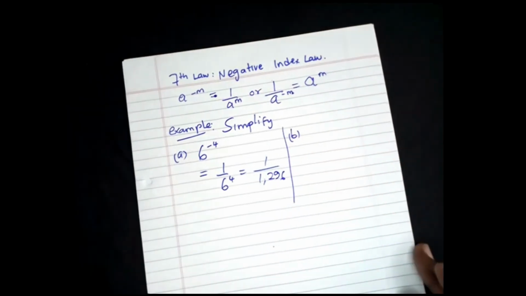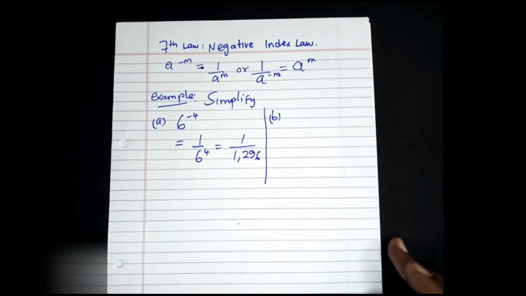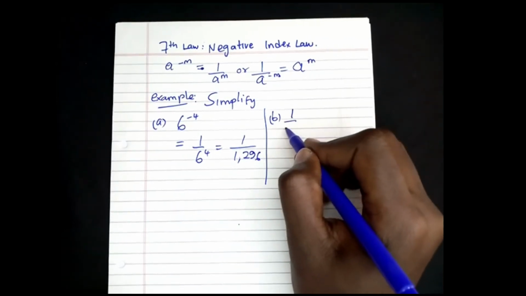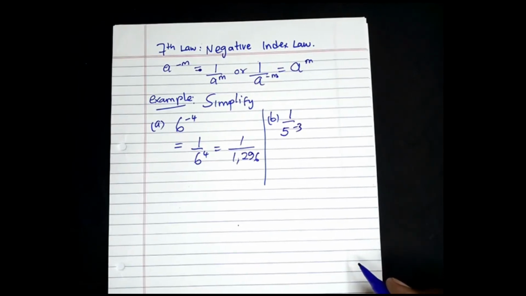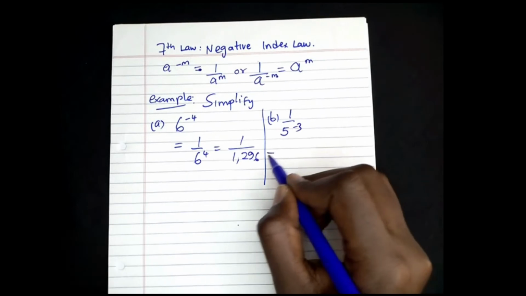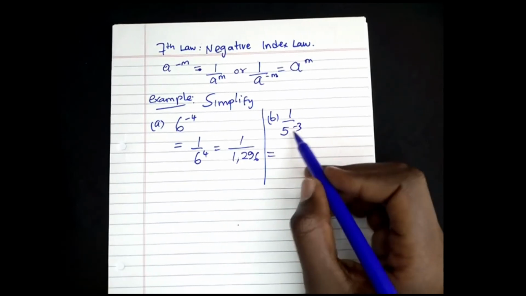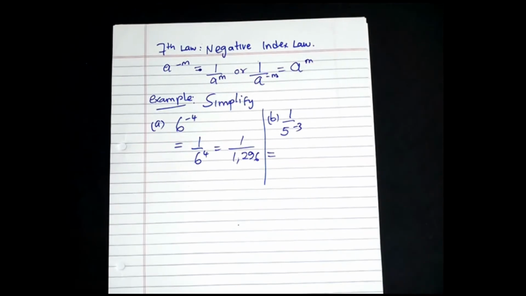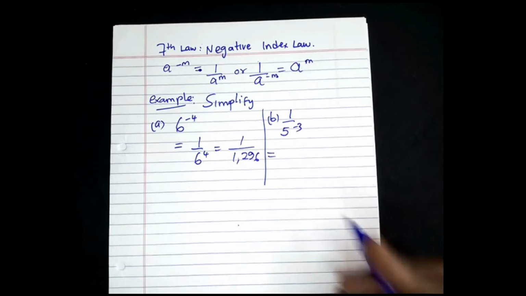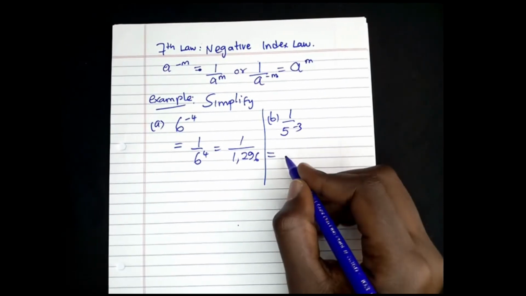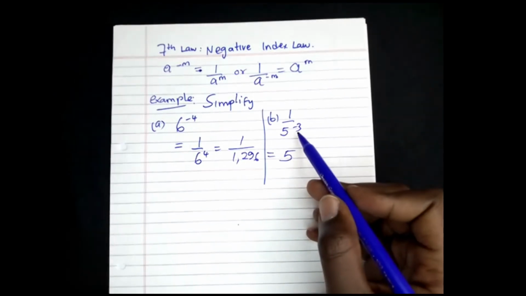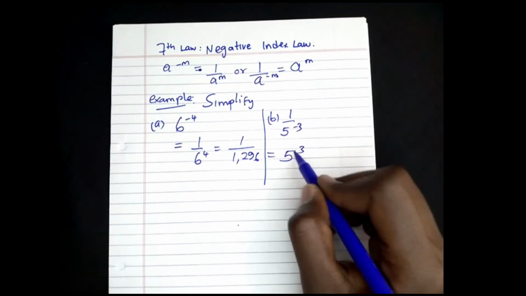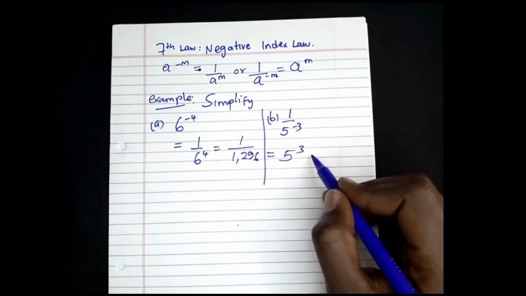Part B, if you have a fraction like 1 over 5 power negative 3, how do you go about it? This one simply becomes, if you want to rewrite this particular number as a whole number, what you will need to do is that you'll bring the 5 to be the top, and then the sign of the power will change to become positive, just like that.